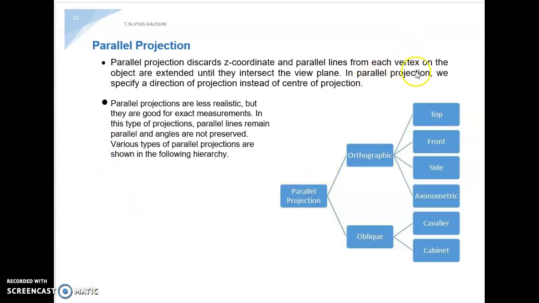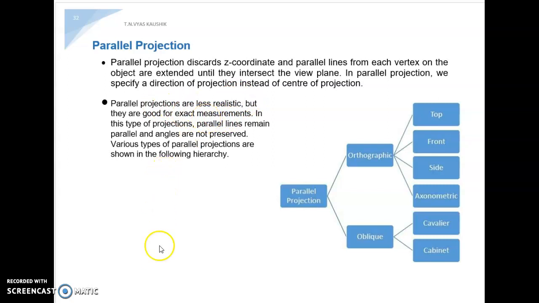In parallel projection, we specify the direction of projection instead of the center of projection. If there is a solid object, each vertex is projected to a viewing plane. As for advantages and disadvantages, parallel projections are less realistic, which is the disadvantage, but the measurements are exact.